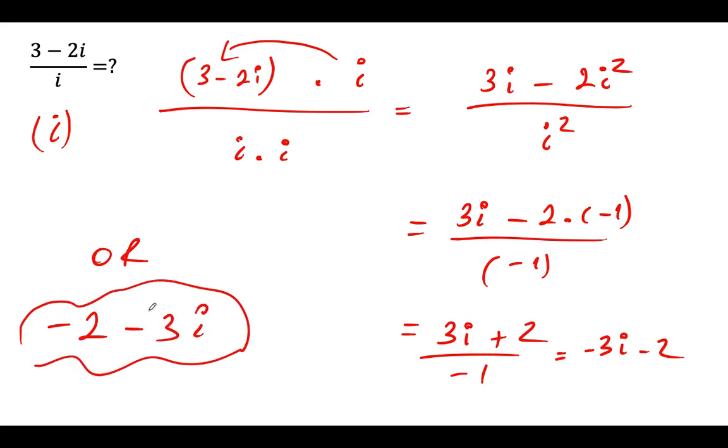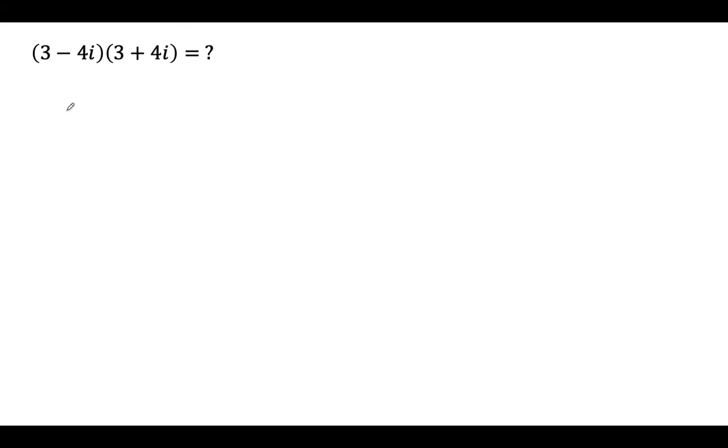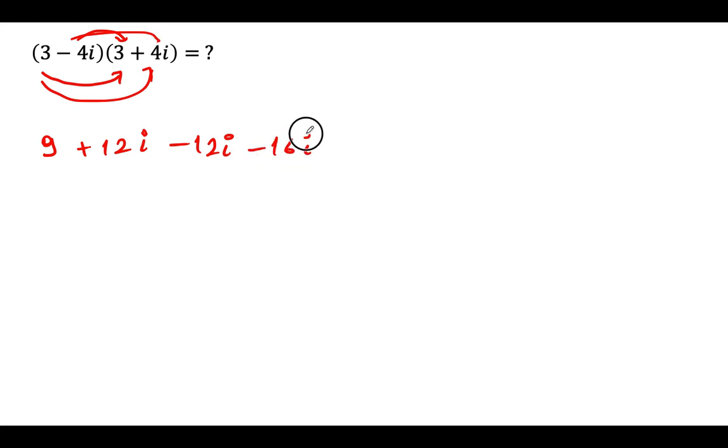Okay, that's it. Now finally, if we do this: 3 times 3, 9; 3 times 4i, positive 12i; negative 4i times 3, negative 12i; negative 4i times 4i, negative 16i squared. So 9, simplify, negative 16.